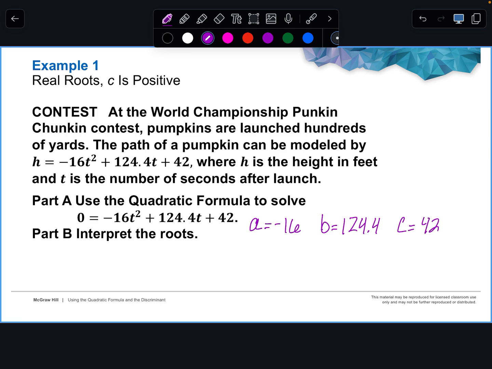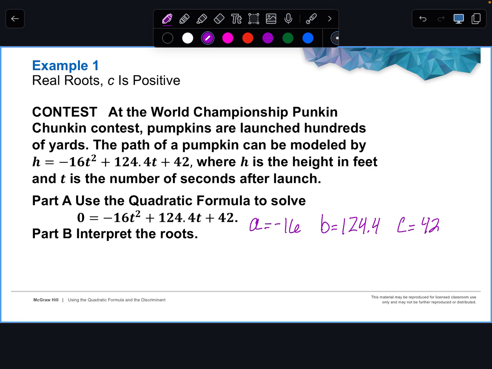Okay, so just by looking at the way this is set up, having that b value of 124.4 as a decimal, and then the fact that 42 is not a perfect square, I really don't want to use completing the square. I don't want to use the square root property.